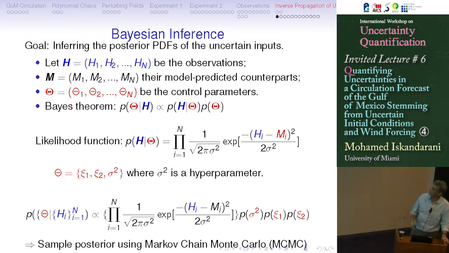So this is our Bayesian inference, and so the 2 parameters that we're getting are the amplitude of these modes, including the uncertainty in the error in the observations. So all of this is our hyperparameter here. And so we're using the surrogate. These are the observations. These are the model output from the surrogates.